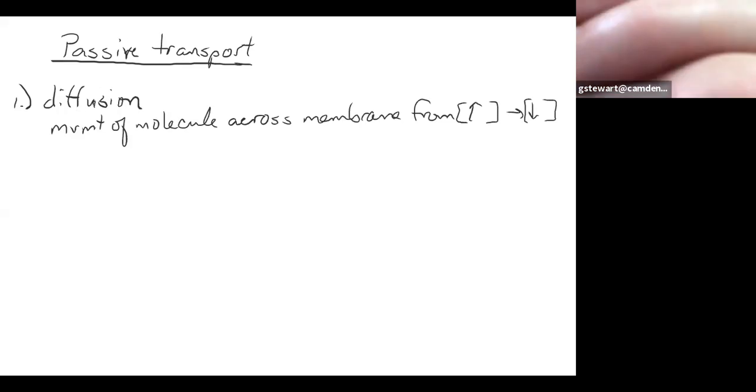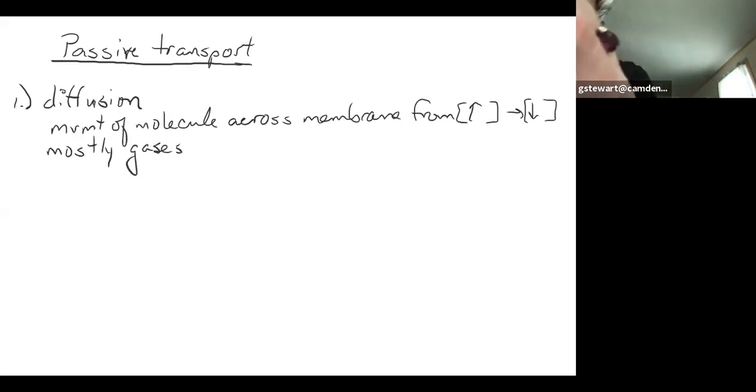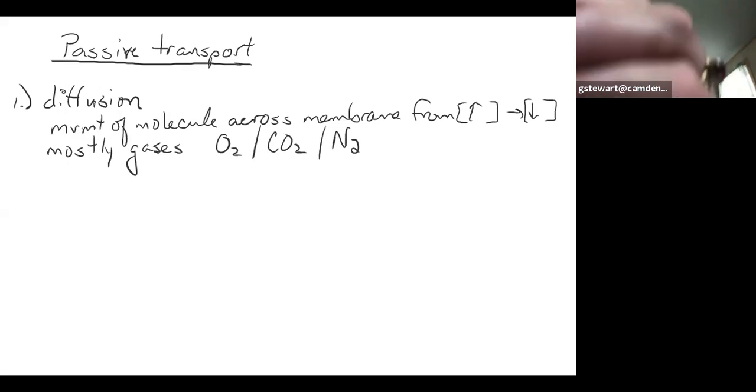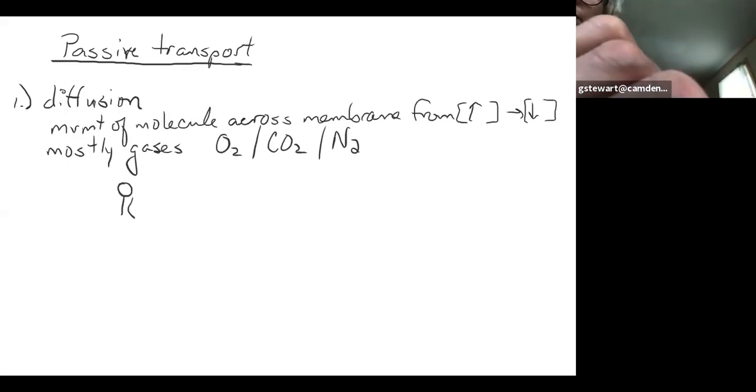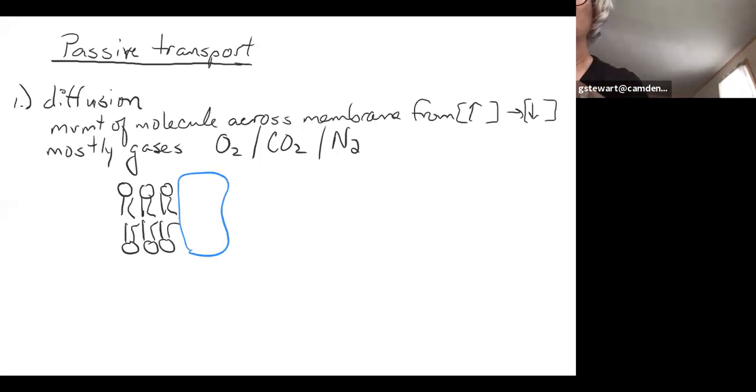So for example, what can actually move by diffusion? Mostly gases. So think of oxygen, carbon dioxide, nitrogen, those are all gases, right? And if I were to redraw my phospholipid bilayer here real quickly, put a protein in there. This would mean oxygen.